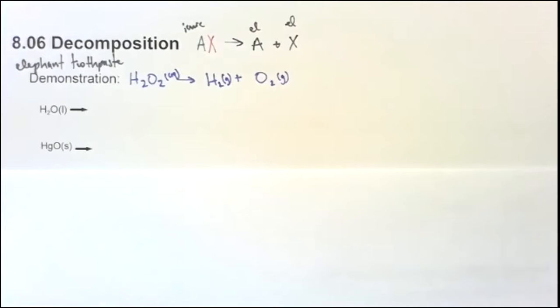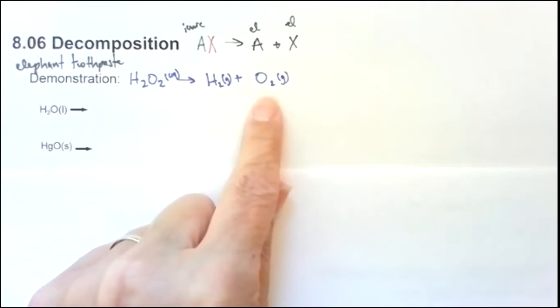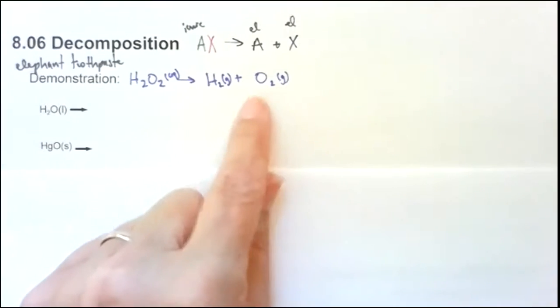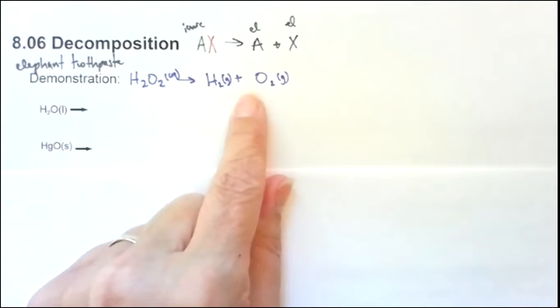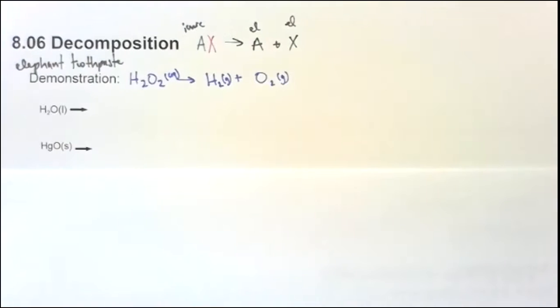And if you put a lit splint next to that foam, it'll kind of flare up. Why? Because these guys are flammable and they're in gaseous form. So what we see is as this breaks down, the reason for the dish soap is as the gas blows through that dish soap, it makes bubbles, and that's what makes everything foam.